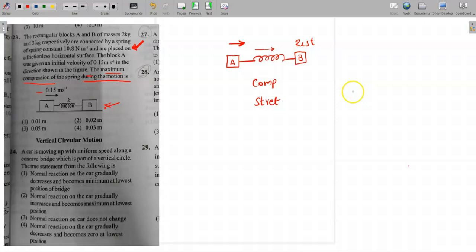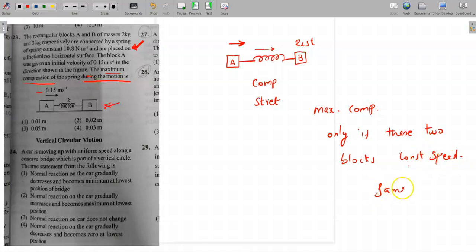When they are moving in the same direction, this maximum compression is possible only if these two blocks are moving at a constant speed, or the same speed.